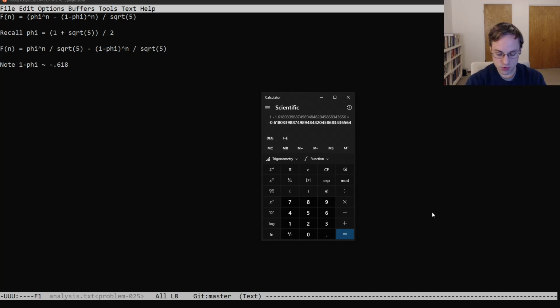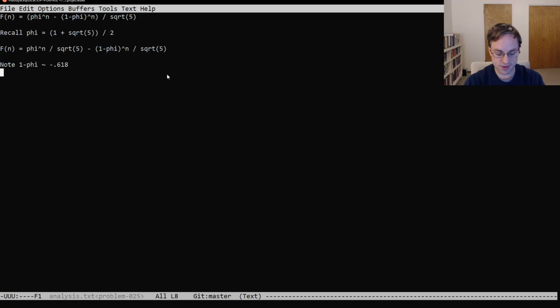And then we'll also note if we square this value, we get a number that's less than 0.5. In particular, it's roughly 0.382, but all we really need to note is that (1 minus phi) squared is less than 0.5.